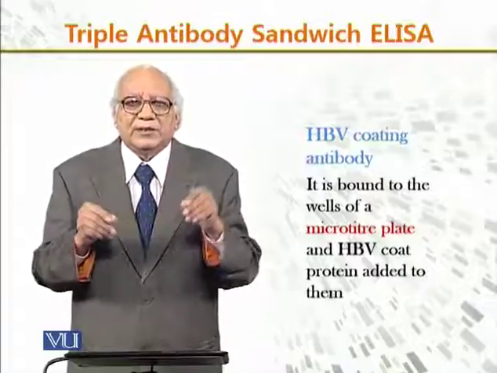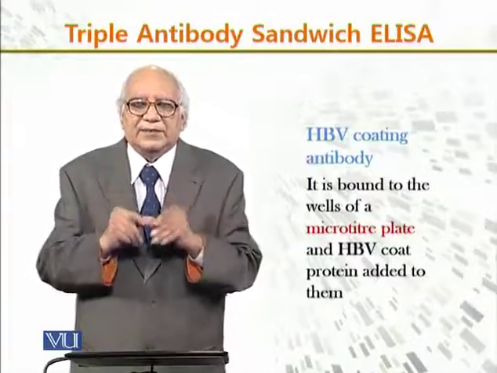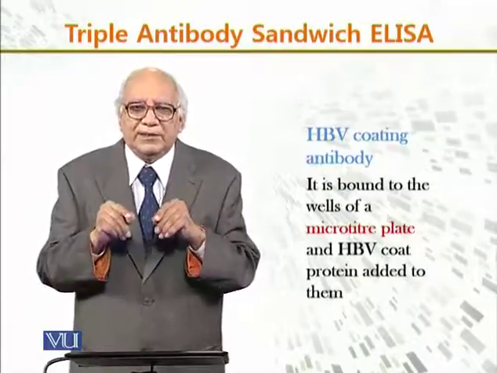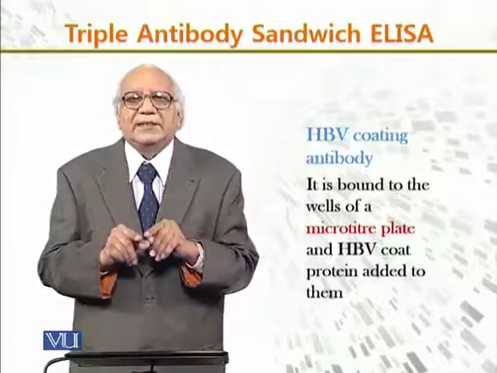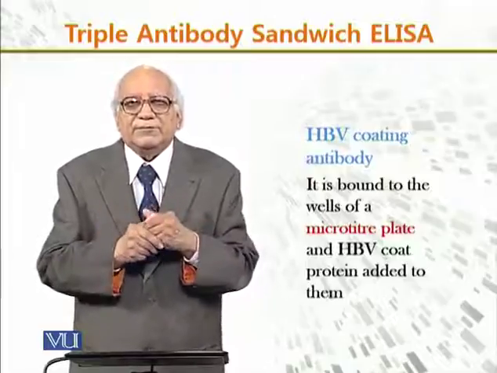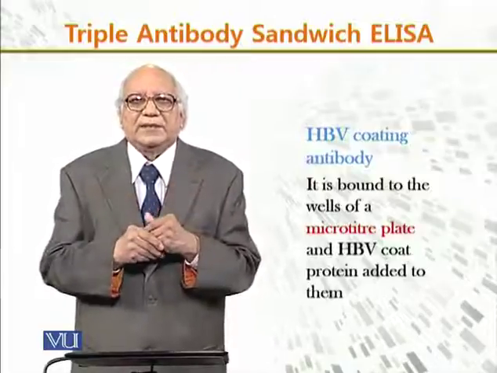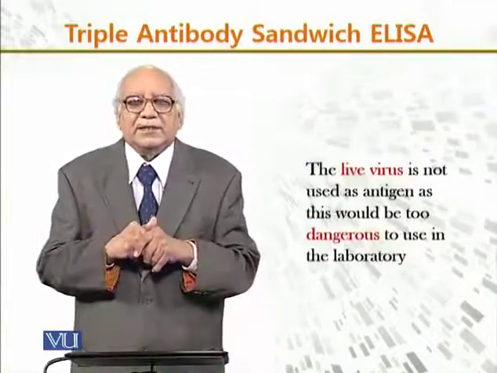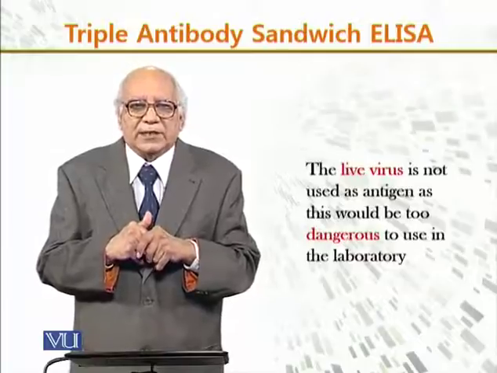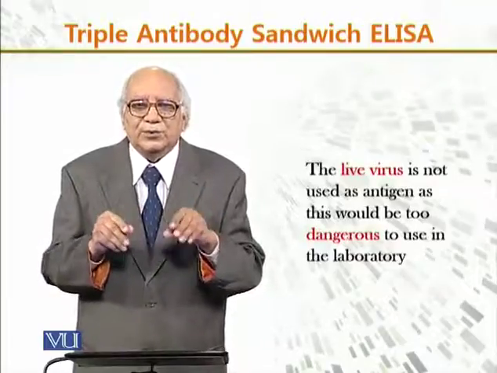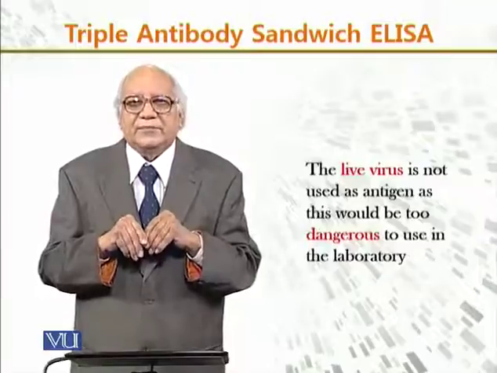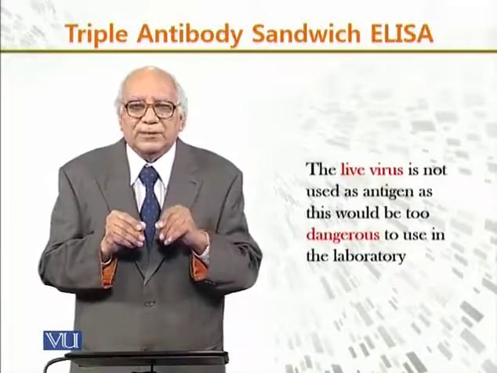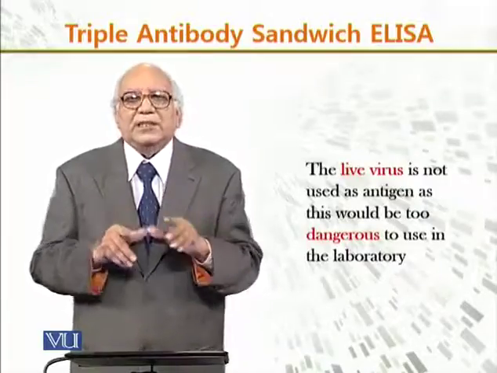So what we do is, in the well of the microtiter plate, HBV coat protein is added, for blood where we suspect there may be hepatitis B or not. Now the live virus is not used as antigen, as this would be too dangerous to be used in the laboratory.